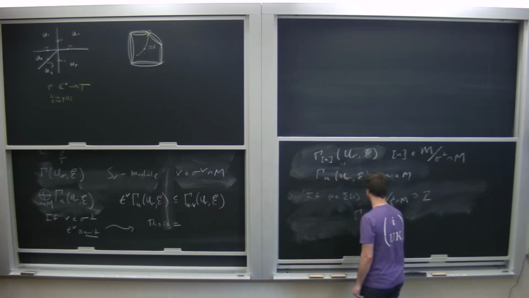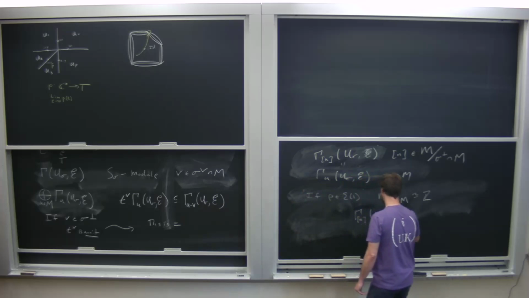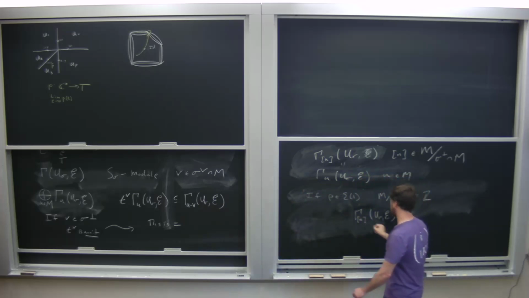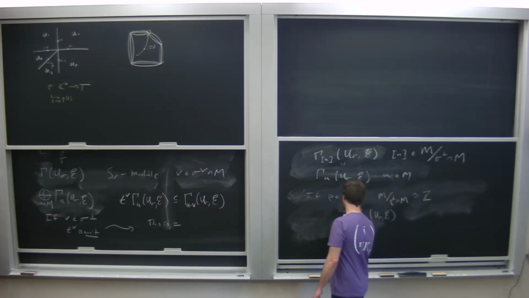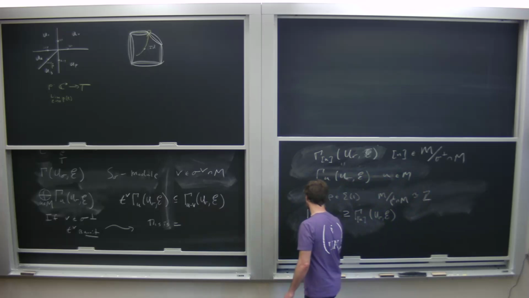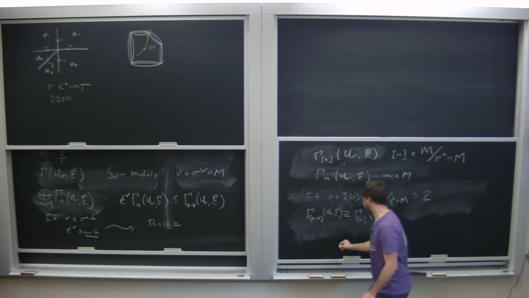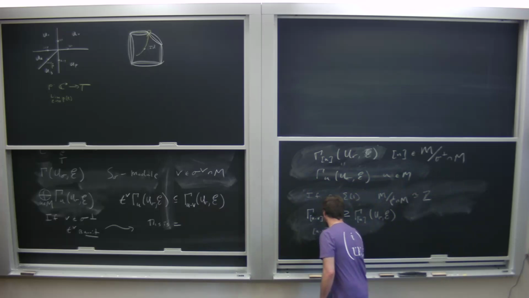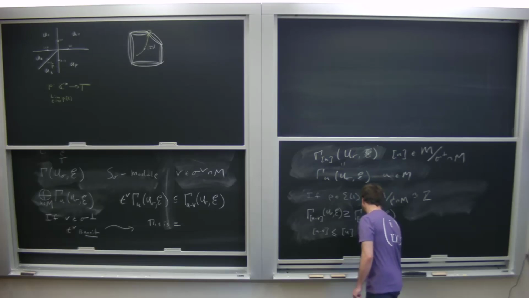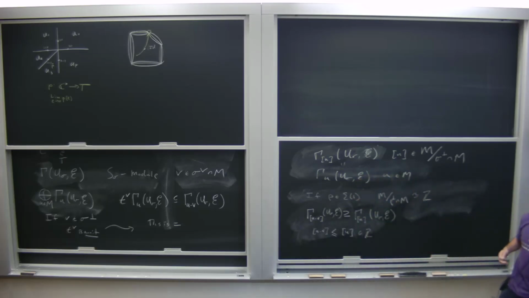So in this case, gamma blocky U sigma, we should think about it this way. And this guy is less than or equal to this guy. And they both live in Z. And so what do we get? We get a decreasing integral filtration.